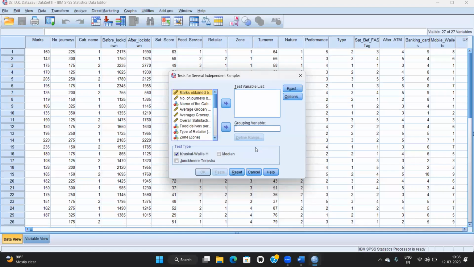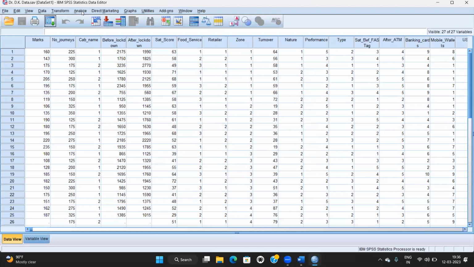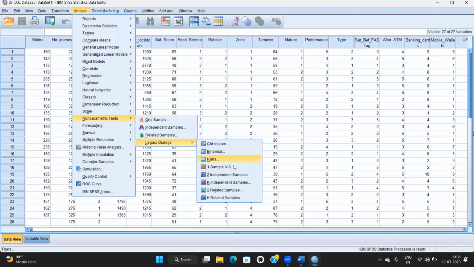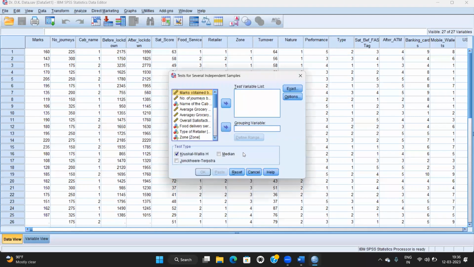See here, there are three independent samples, so we have selected K independent. K means any number. So go to analyze, non-parametric tests, legacy dialogues, K independent samples. Once again, the box is similar to the Mann-Whitney U-test. Here we take performance level, but the grouping variable will be type of employee.